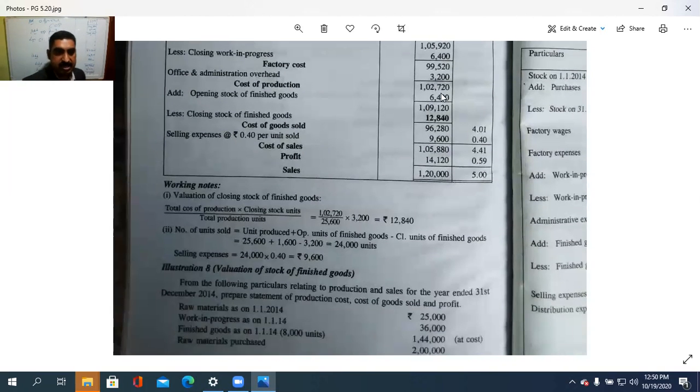So for that, this is the working. Valuation of the closing stock of finished goods is equal to total COP, total cost of production, multiplied by the closing stock units, divided by total production units.